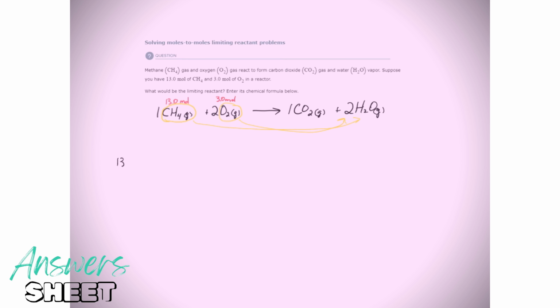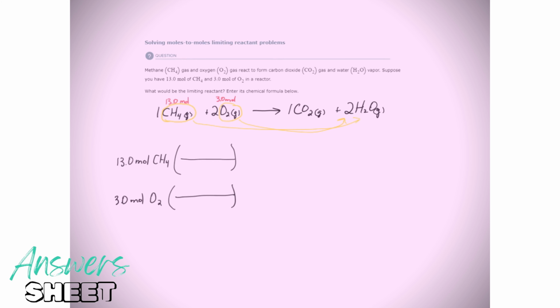We have 13 moles of methane, and we have 3 moles of oxygen. We need the coefficients from the balance equation in order to convert from this substance to this substance.